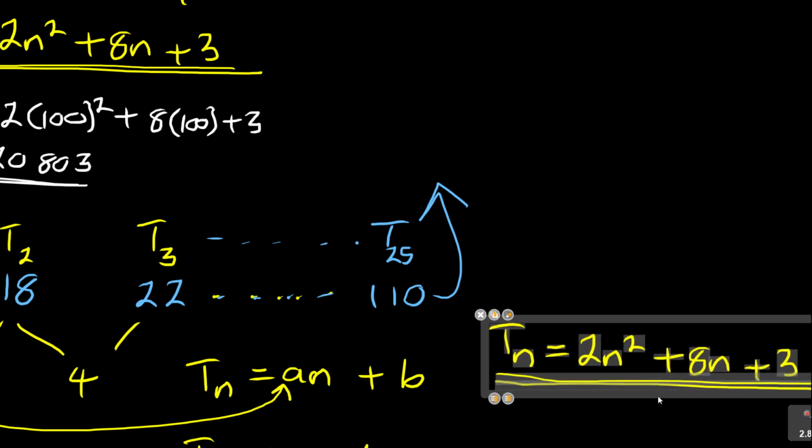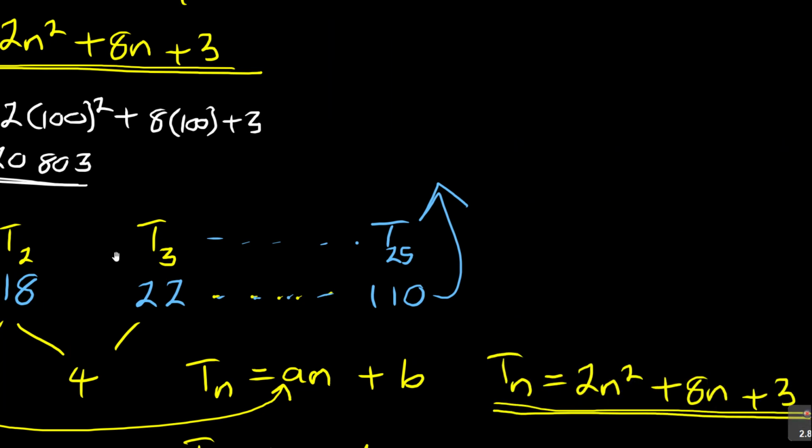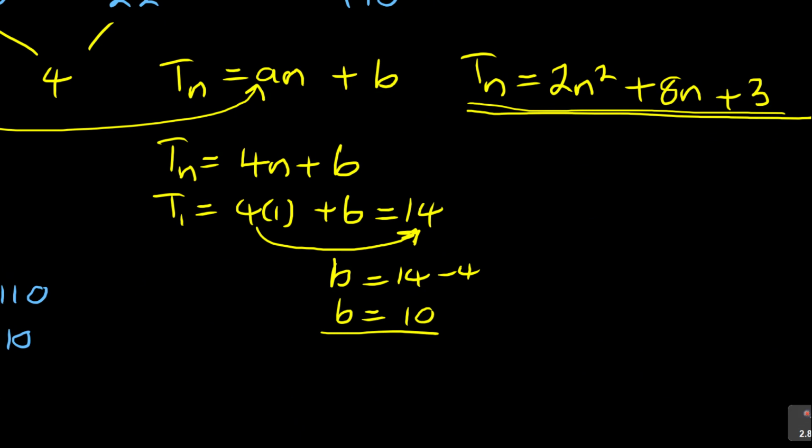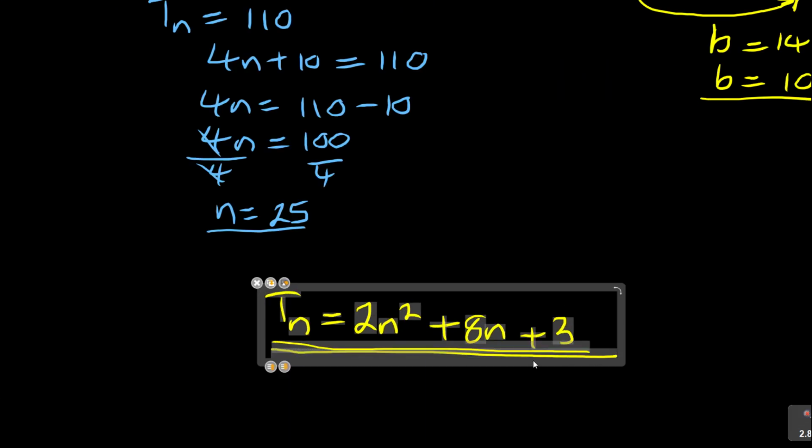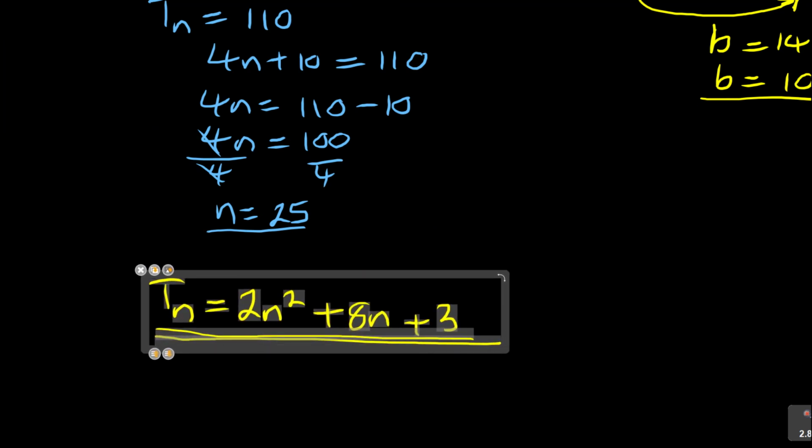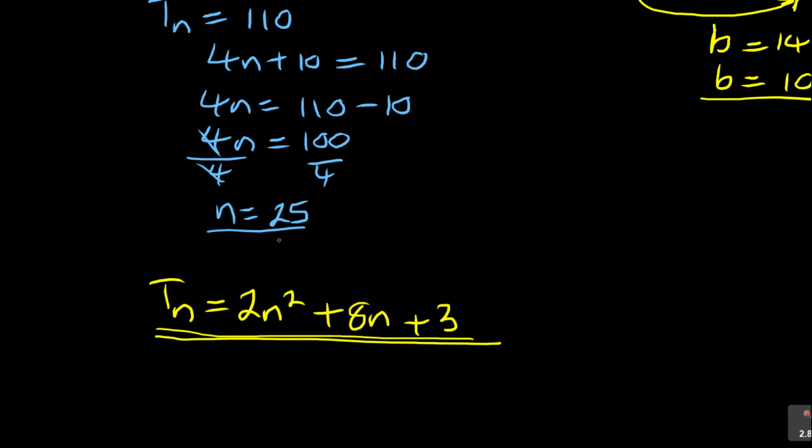Just want to show you where this will lead. I wanted to bring it here to say I know my Tn, so I want to find now T25 and T26. So T25 is equal to 2 times 25 squared plus 8 times 25 plus 3.